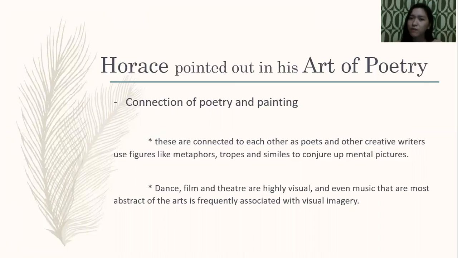It is connected because poets and other creative writers use figures of speech like metaphors, tropes, and similes to conjure up mental pictures. Dance, films, and theater are highly visual, and even music, the most abstract of the arts, is frequently associated with visual imagery, which is very obvious that we are using until now. So these are the topics in chapter 5.